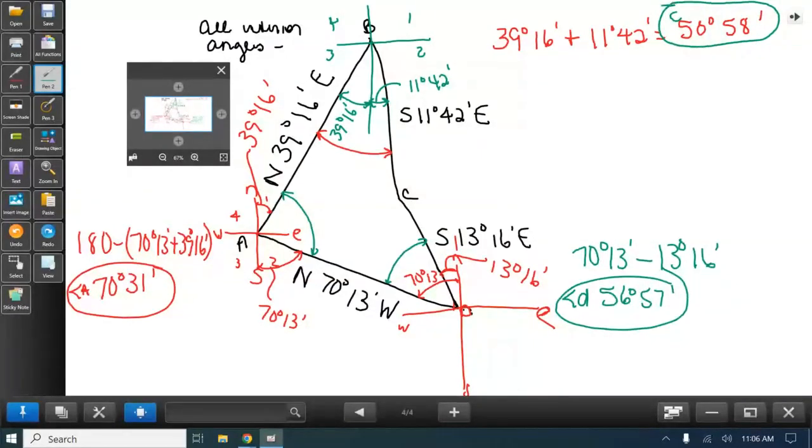No, it's not C, that's B. And A. Now I'm looking for C. What quadrant is C to B in?